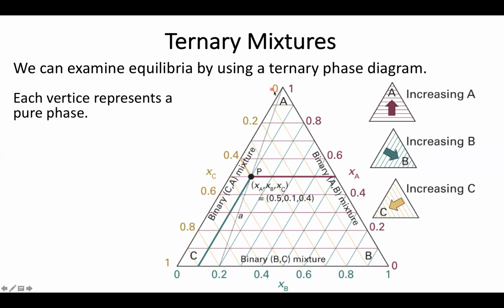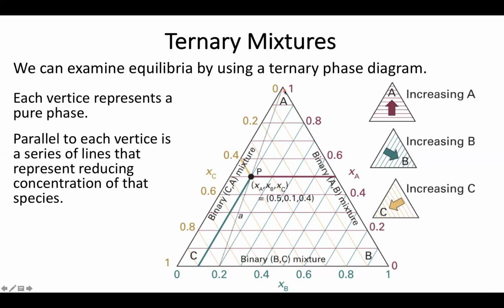So for example, if we go to the top of our diagram, this is going to represent pure A. And then as I move down away from the top of this diagram, I'm going to have essentially less and less A present.